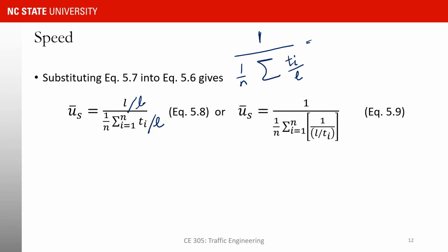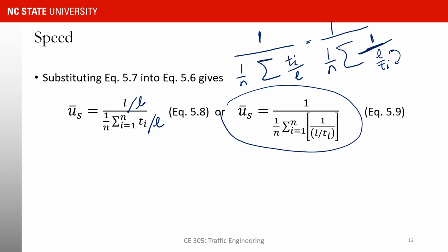Now I'm going to do one more change here, and rather than writing ti over L, I'm going to write 1 over (L over ti). So this is equal to what I have here, right? Because I have switched L and ti and taken it from numerator to denominator. So that's the equation that I have here.